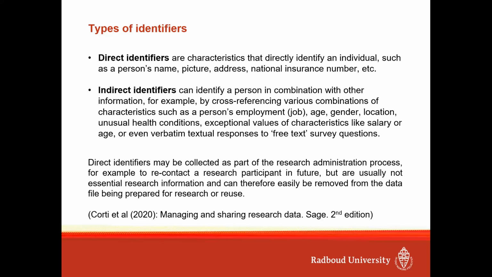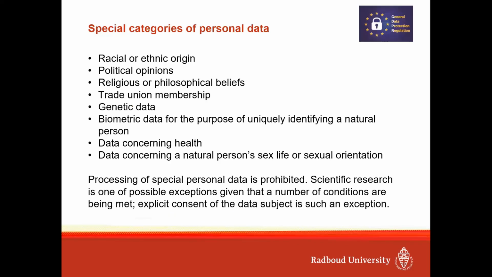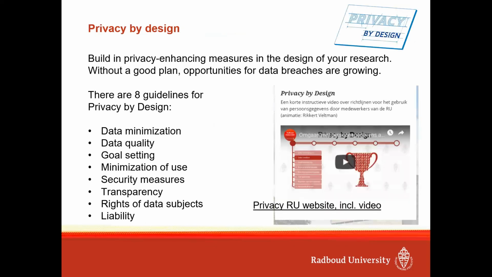So some combinations of personal elements like age and gender do not identify people, so they are not personal data in that sense. GDPR has special categories of personal data, which we mentioned, and they need special care in terms of informed consent and data protection. We considered the 8 principles of privacy by design: data minimization, data quality, goal setting, minimization of use, security measures, transparency, rights of data subjects, and liability.